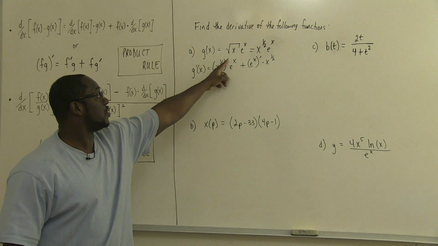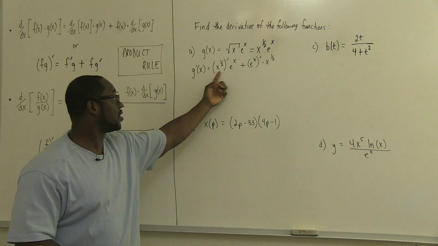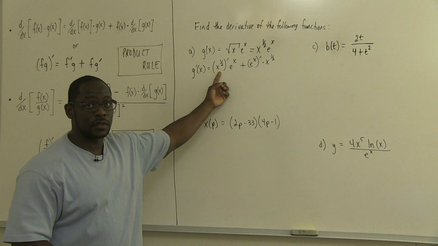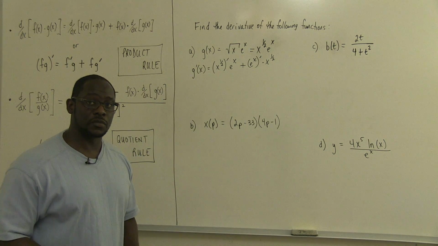Everywhere you see a prime there, all I'm going to do is take the derivative of that particular portion with respect to x, and after I'm done, I'm going to combine like terms and clean everything up.